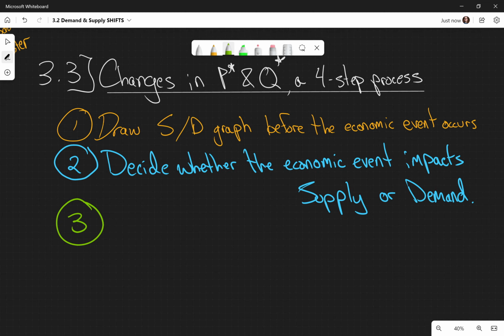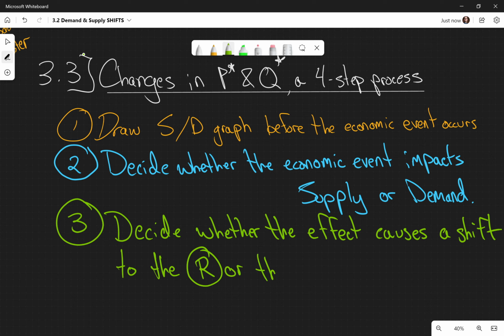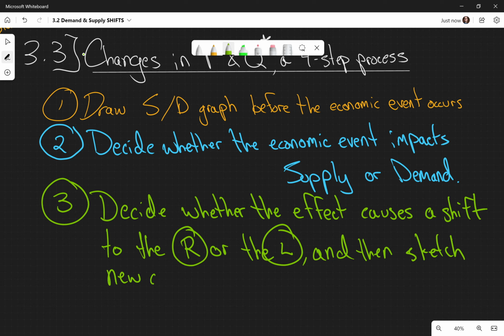Number 3, decide whether the effect causes a shift to the right or to the left, and then sketch the new curve on your diagram or graph.